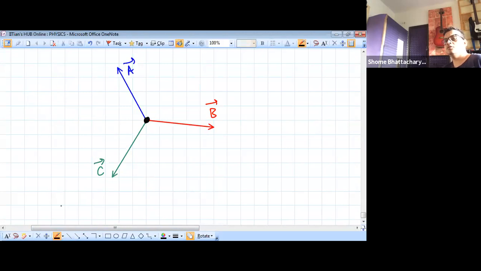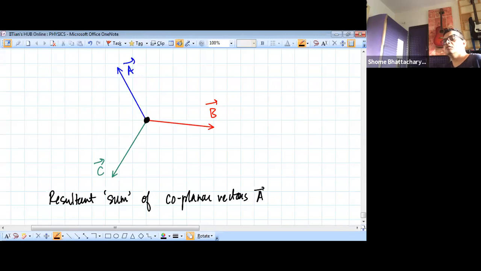On some particle. So the statement is that the resultant sum of coplanar vectors E, B, and C is 0. So that means if there are forces, the resultant force is 0, or they are in equilibrium.